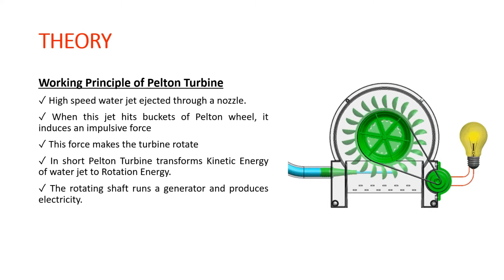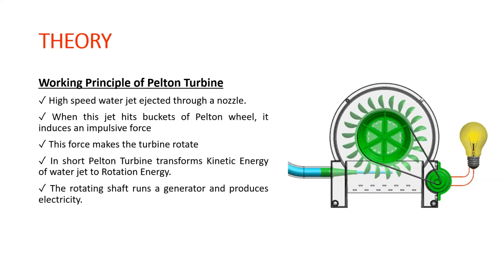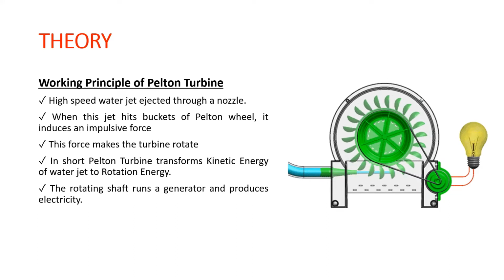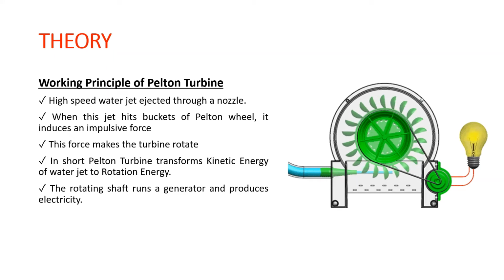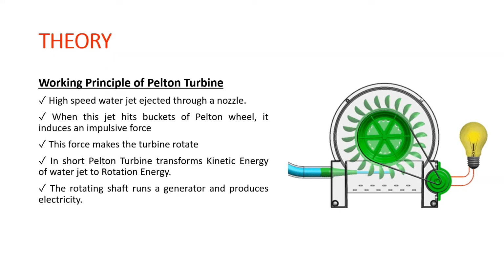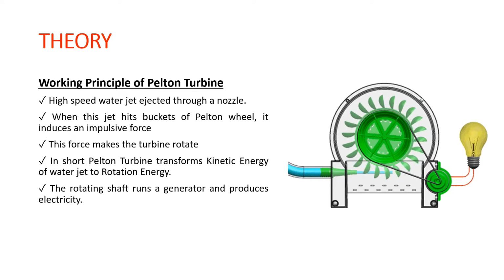The jet will hit the splitter of the buckets, which will distribute the jet into two halves of the bucket, and the wheel starts revolving. The kinetic energy of the jet is reduced when it hits the bucket, and also due to the spherical shape of the buckets, the jet will change its direction, take a U-turn and fall into the tail race.